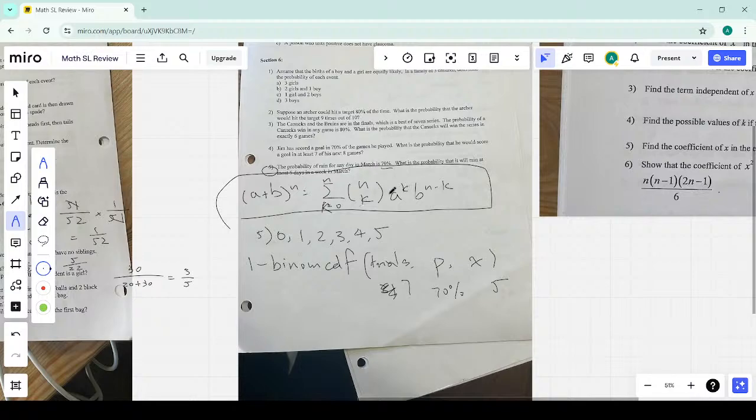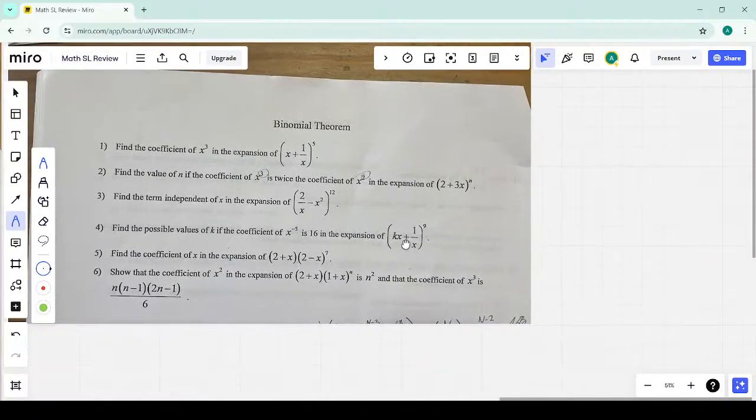I think you get this in the formula booklet, but make sure you know how to use it. I can rewrite this as (x plus x to the negative 1) to the power of 5. Now this is a very clear format where I can use the binomial expansion.